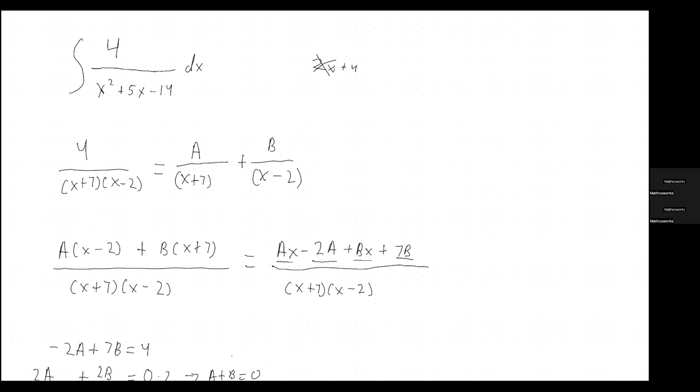So we have to remember, we have to put this under an integral. So that'd be the integral of negative 4 over 9 all over the x plus 7 plus the integral of 4 over 9 over x minus 2.